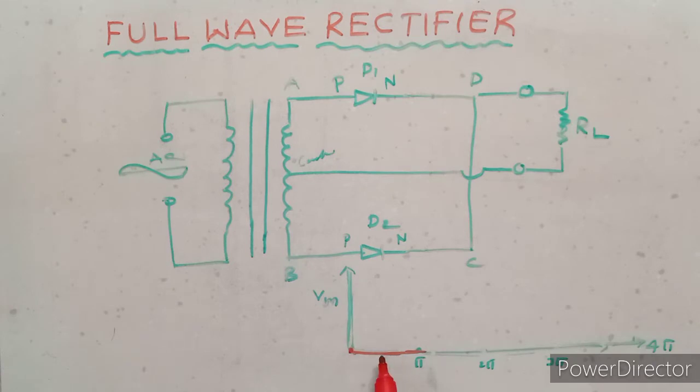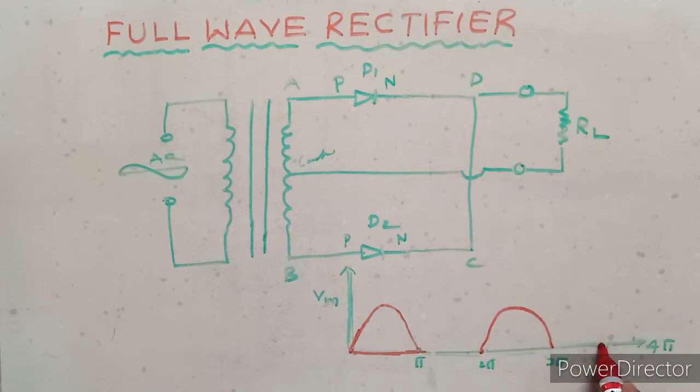First of all, in forward bias, current can flow. In reverse bias, current does not flow. Next, in forward bias, current flows.